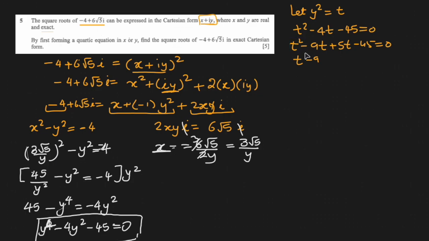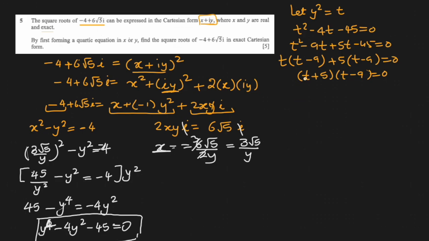I'll take t common from the first two terms, so I'll be left with t minus 9. Take 5 common from here, I'll get t minus 9 again. So I get (t plus 5) and (t minus 9) equal to 0.